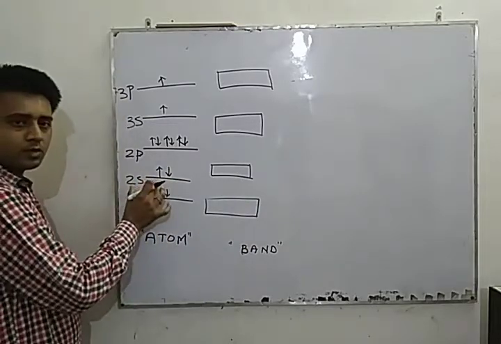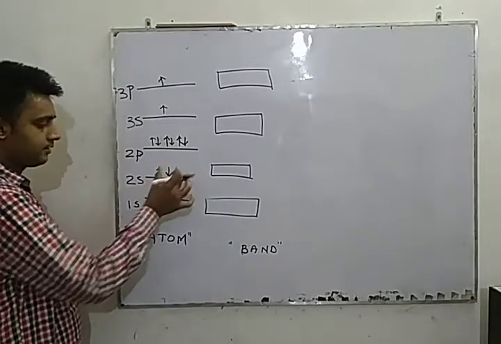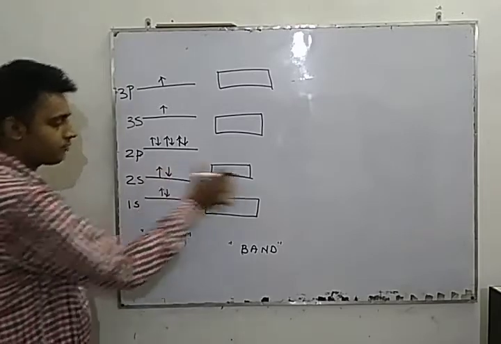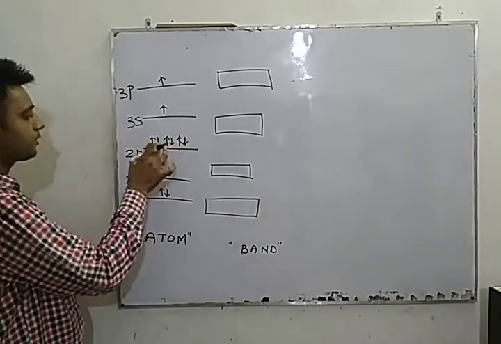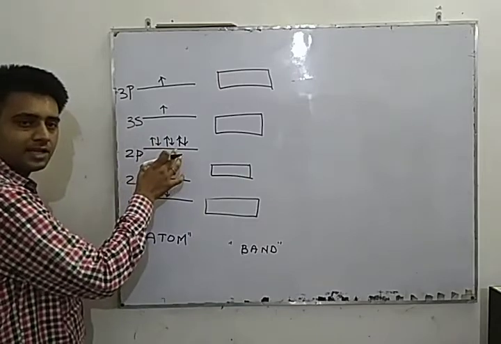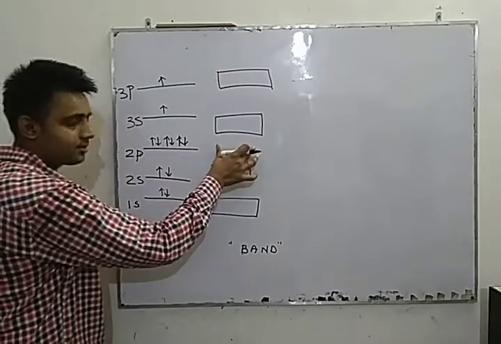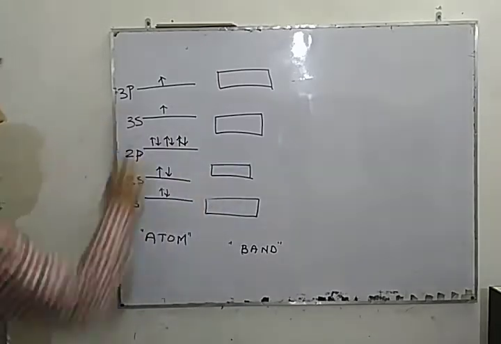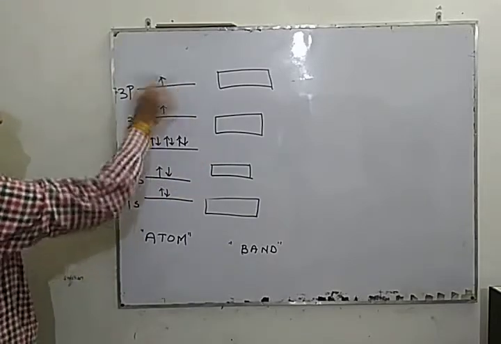1s forms one band, then we go to 2s, where there are 2 electrons. These electrons form another band. Then from 2p, as we know in the p shell there are 6 electrons, these 6 electrons form another band. And here are 3s and 3p.